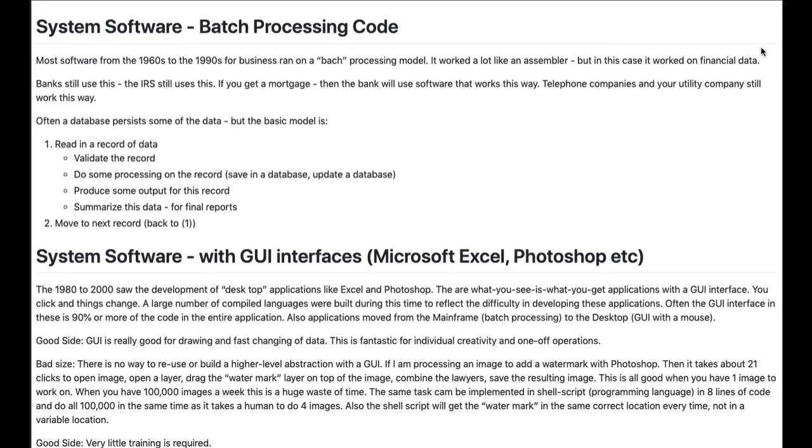Software that they wrote in the 50s and 60s is still being run today very successfully with this batch processing model. So, if it's successful and it works, why break it? Why change it? And this is one of those ones that has been around for a long time, but it's kind of a simple model about how things work.